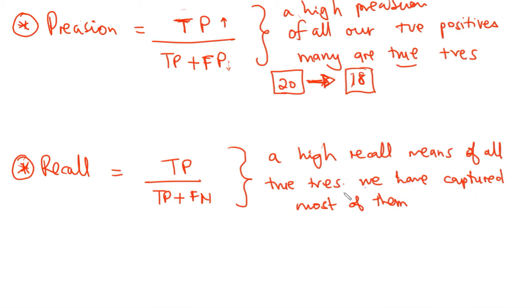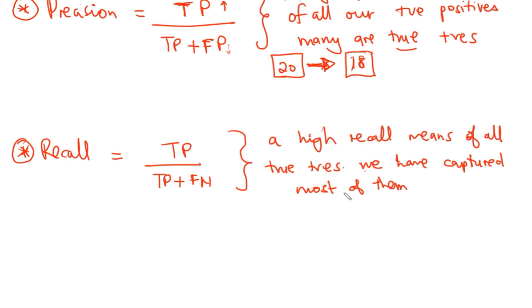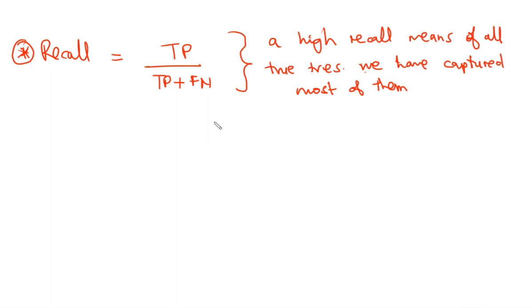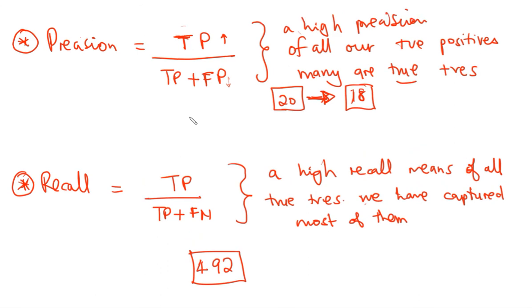So in our data set we do have true positives. A high recall says your model is capturing most of them. In our case we had 492 true positives.